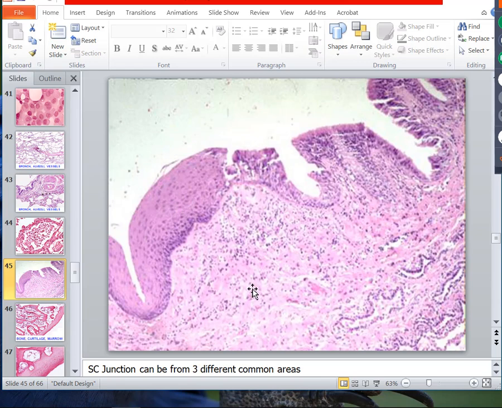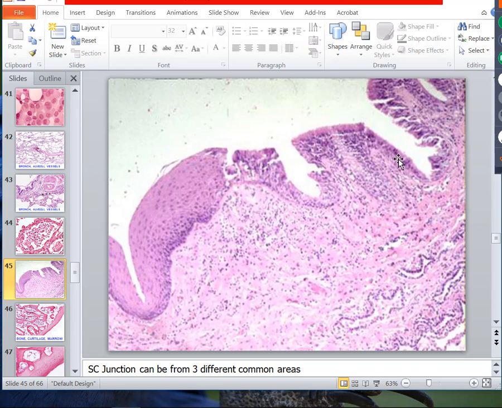Well, that would be a squamous cell carcinoma, wouldn't it? What would happen if these columnar epithelial cells proliferated and infiltrated? That would be an adenocarcinoma. What would happen if these cells here were infiltrated by inflammatory cells? Well, that might be an inflammatory process at the gastroesophageal junction. What would happen if these cells became inflamed?